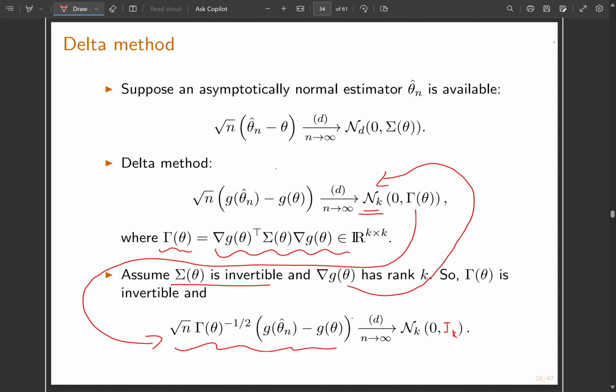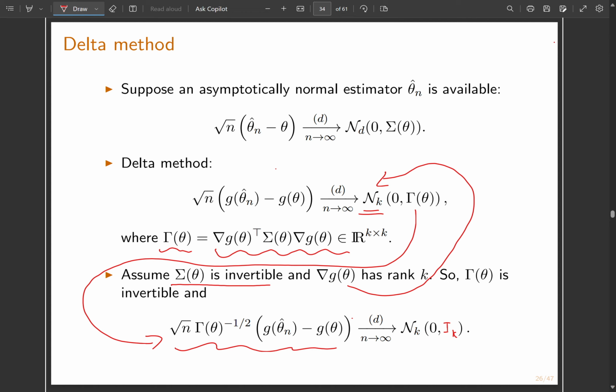So let's recap what we learned today. We had this hypothesis that theta hat minus theta is asymptotically normal. To prove that, we need to apply the delta method.